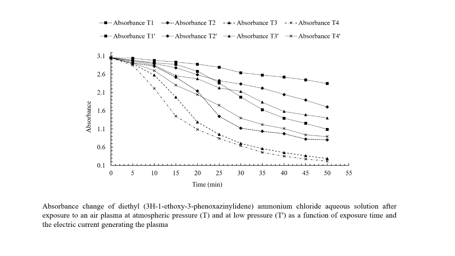The absorbance value decreases for treatments at atmospheric pressure, the 1, 2, 3, and 4. The behavior of the absorbance change is different for low pressure treatments. It is smaller and has a quasi-linear trend over time. Air molecules are necessary for the pollutant's degradation.